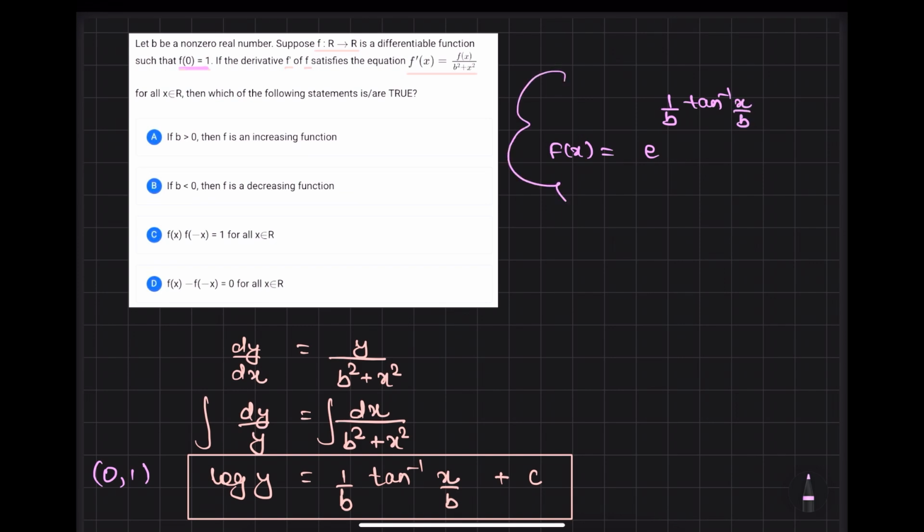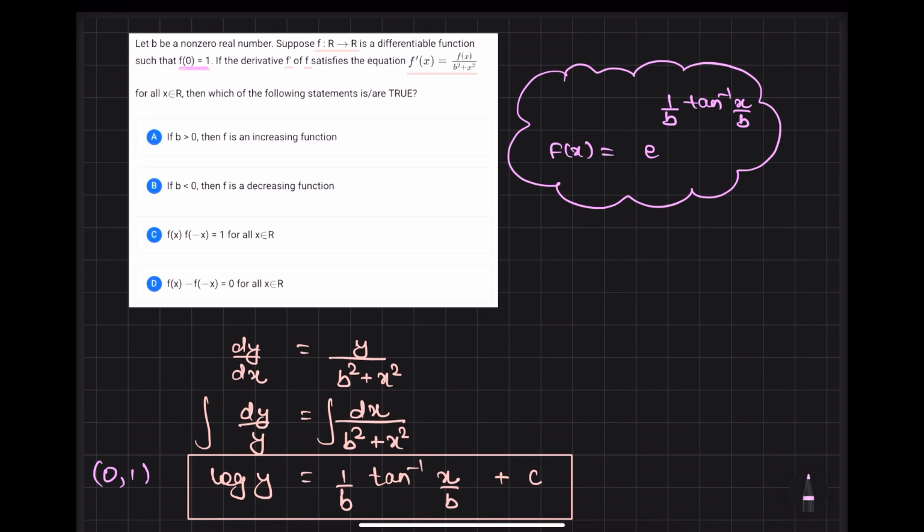So this is our final function. Is that okay? Now we are good to go with the options. So if you observe, your f of x is an exponential function whose base is e. So if base is e, we know that an exponential function will become an increasing function if base is greater than 1.